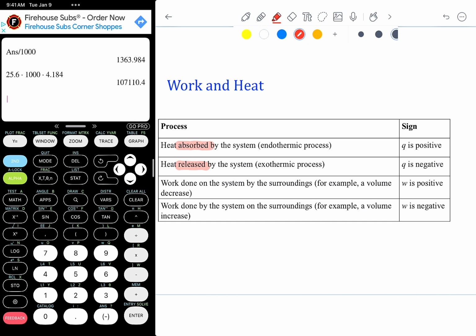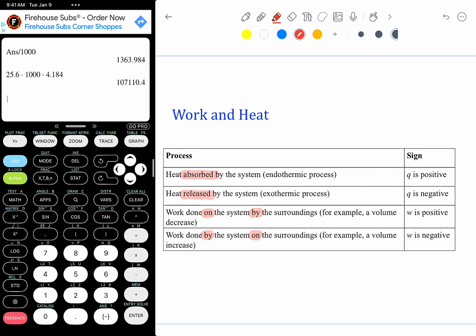For work, we say that if work is done on the system by the surroundings, an example of that would be a volume decrease, then W is positive. However, if work is done by the system on the surroundings, an example being a volume increase, then W is going to be negative.